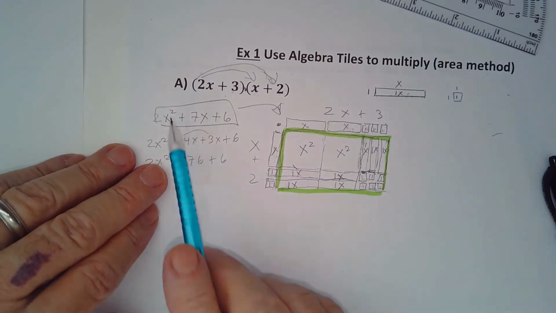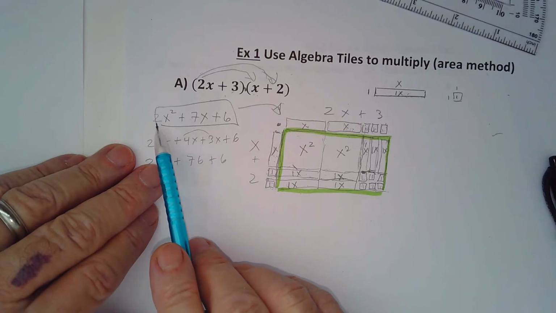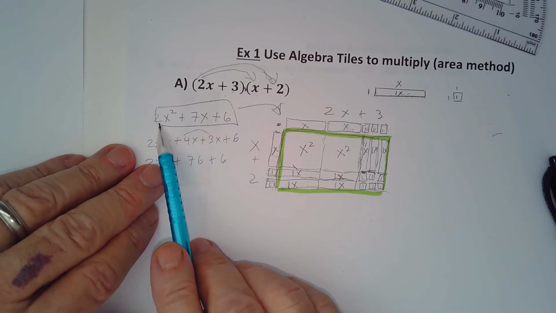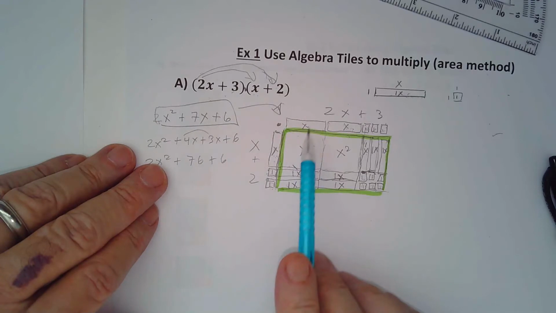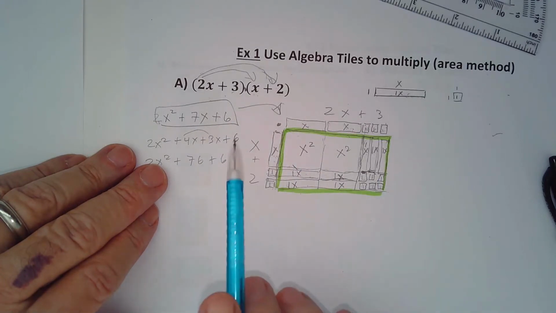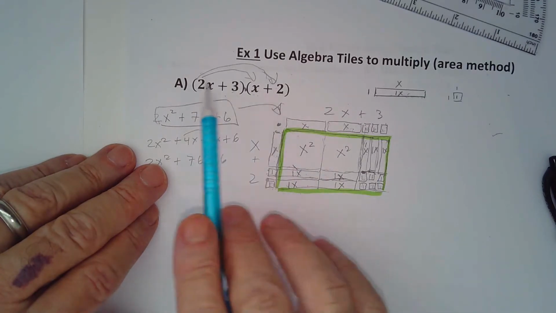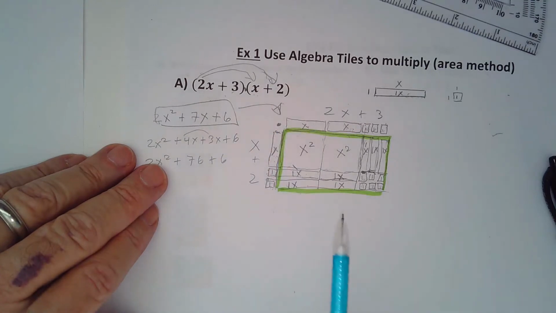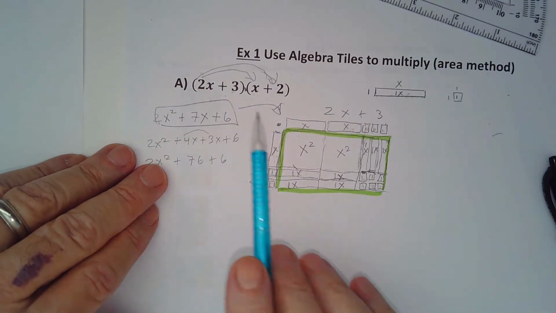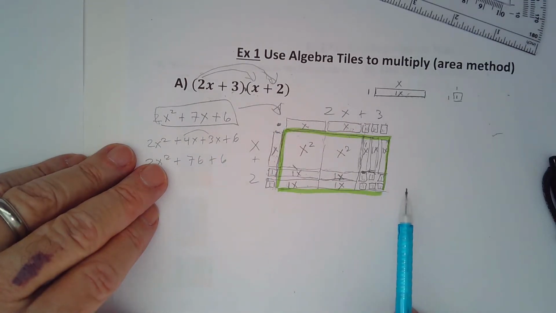So this box method is a way cool method. And it's really best when you have trinomials that have a number other than 1 in front of the x squared. I mean, you can do it with any trinomial. Any two binomials you can multiply together using this method. In fact, with a monomial and a binomial, or a monomial and a trinomial, you can use this method. With a trinomial and a trinomial, you can use this method.